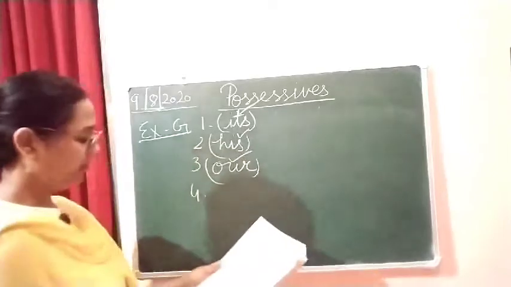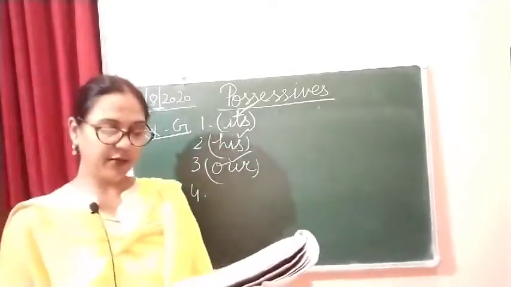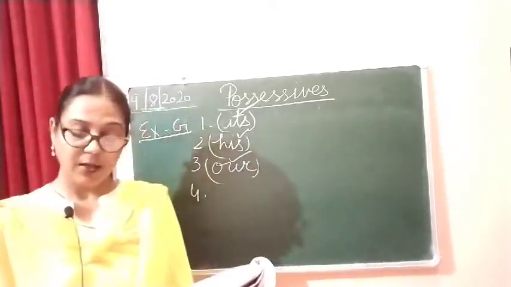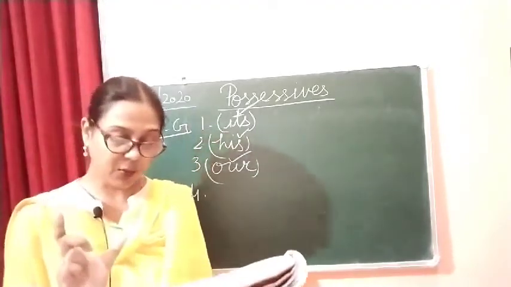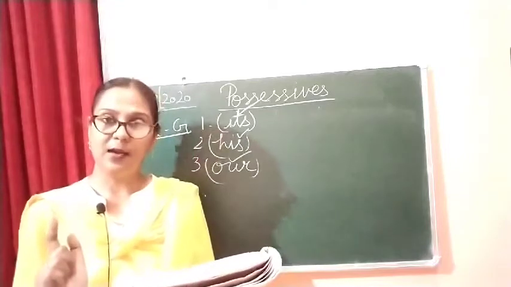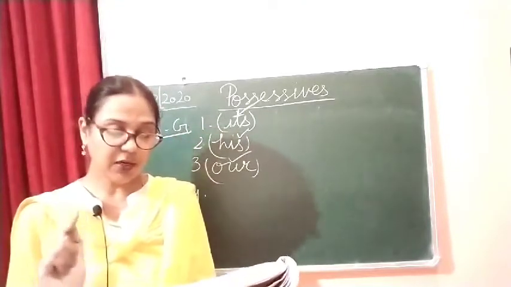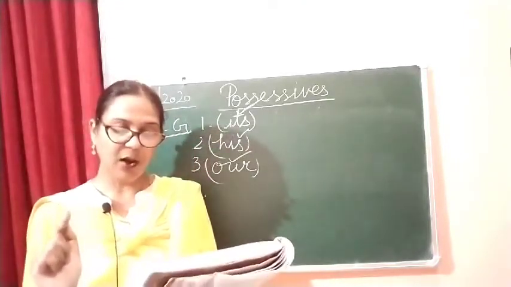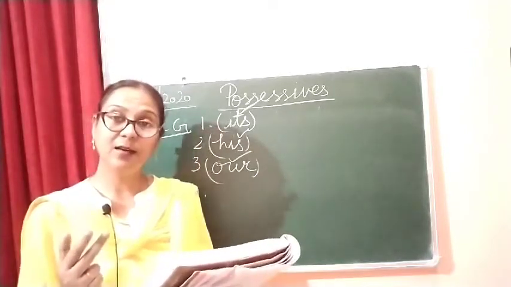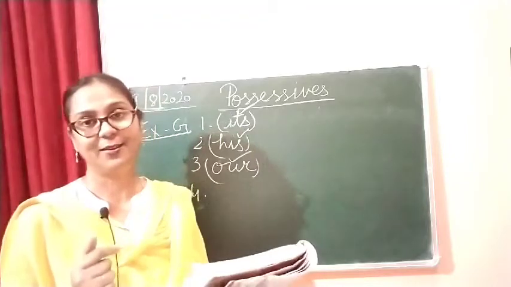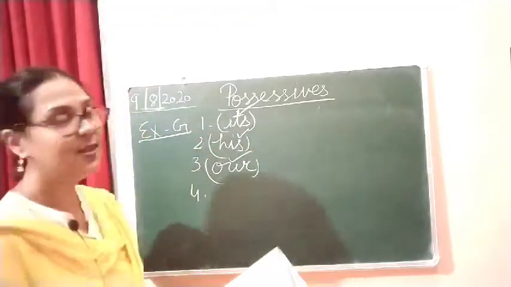Now number 4: we should increase, in bracket the possessives are given over here, our and my. We should increase our or my knowledge through reading. So we, here a plural subject, so now we are going to use our.